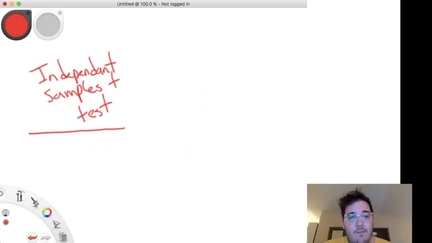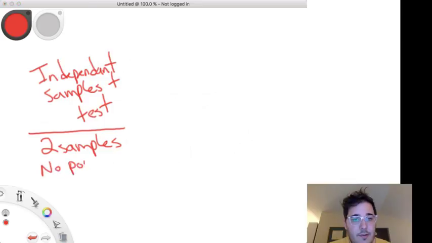Building off of that, but instead of having one sample, one population, here you have two samples and no population. So you can also think of it as you don't have mu or sigma of the population, so none of that information is available to you, so you can't compare to the population. So now you can only compare to some other sample.